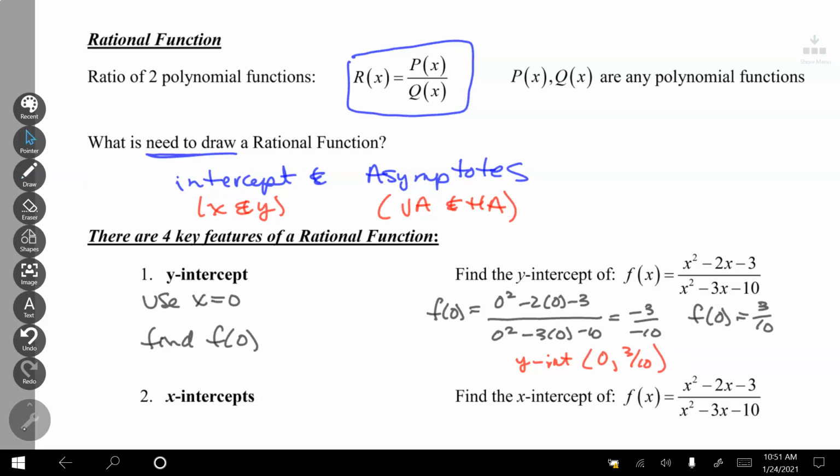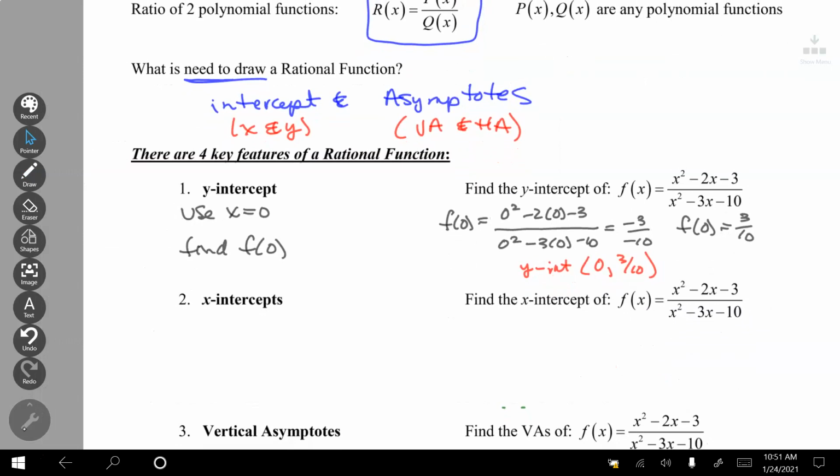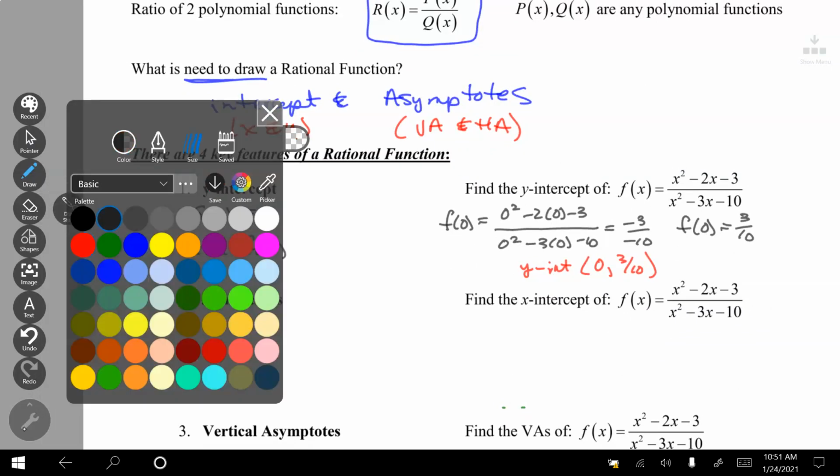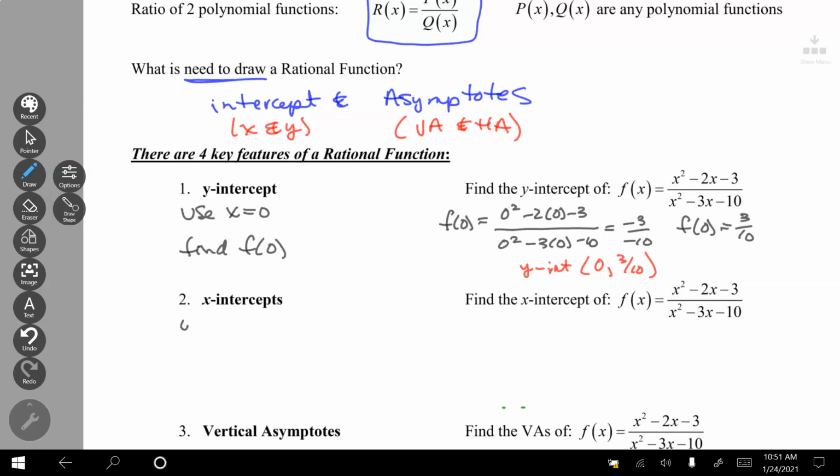Well, how do we find x-intercepts? I have x-intercepts when the whole value is equal to 0, when y equals 0. But y equals 0 when I have 0 divided by a number. So basically it's when my numerator is equal to 0.